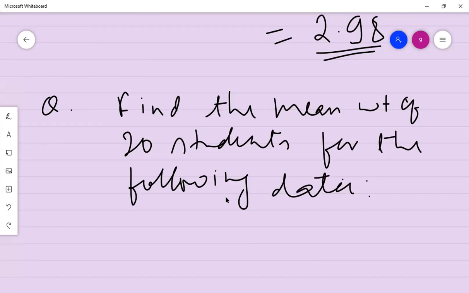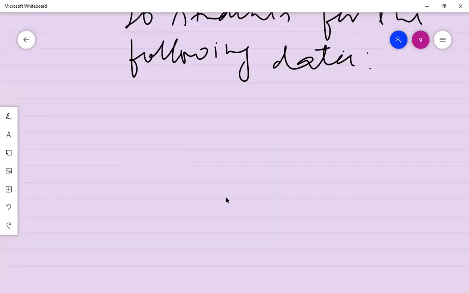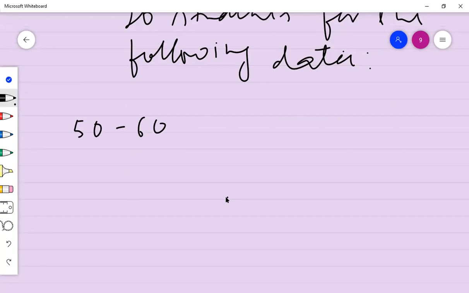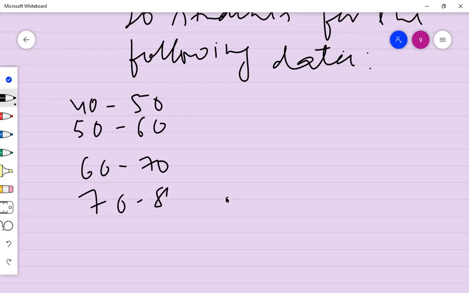Suppose weight is 40 to 50, 50 to 60, 60 to 70, and 70 to 80, 80 to 90. Okay, so these are the range of values.